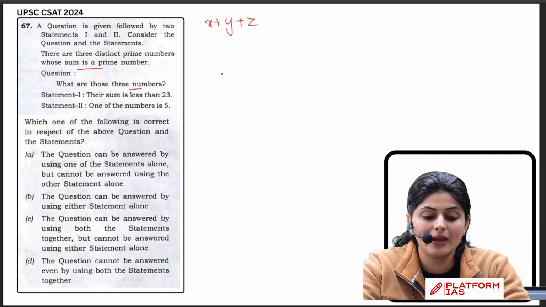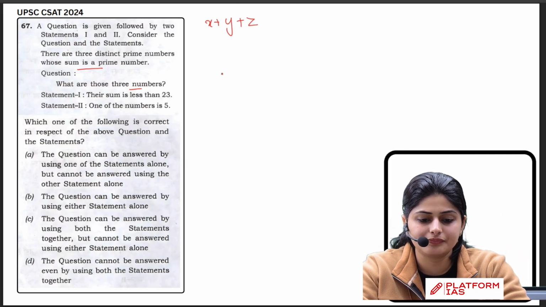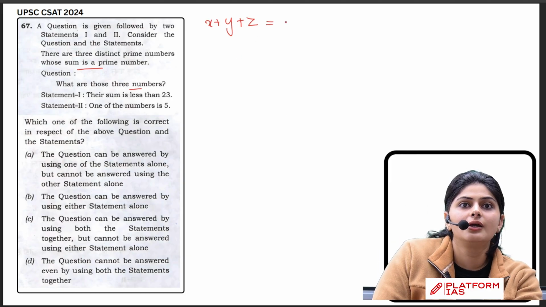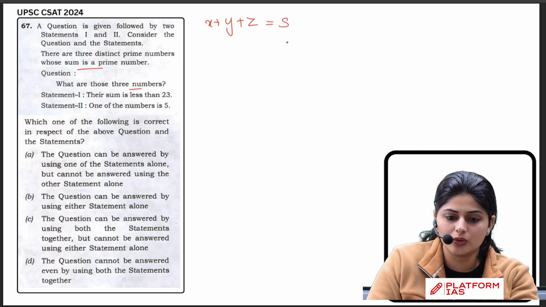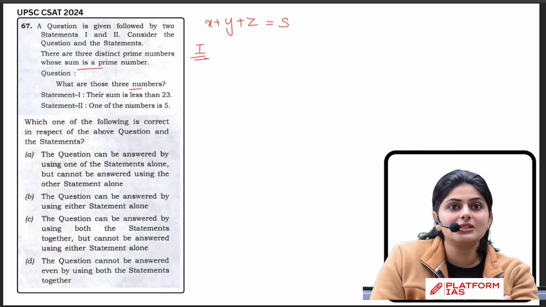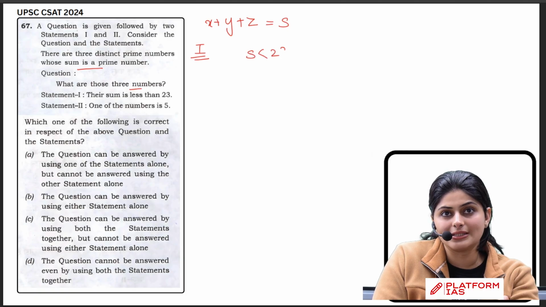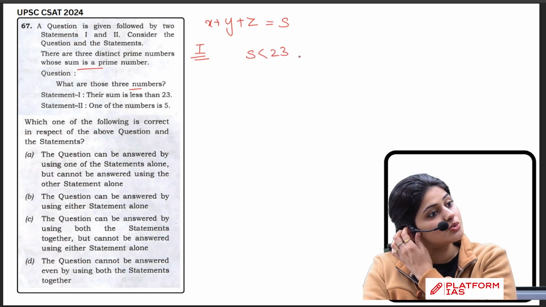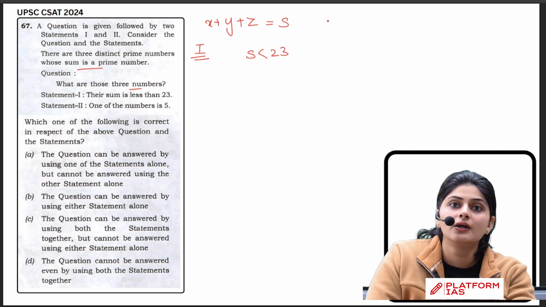Okay. Now x plus y plus z is equal to S, where S is a prime number and x, y, z are also prime numbers. Now statement 1 says that S is less than 23. So what all possible values of S can be there? S cannot be 2, 3 and 5.